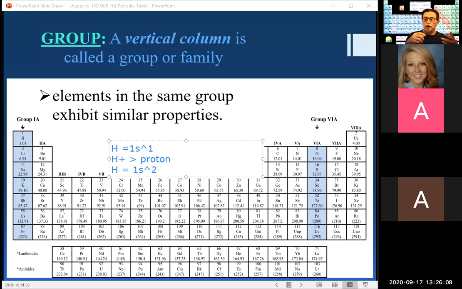It now becomes 1s2 because it picked up an electron, and now hydrogen has a negative charge. Okay, just like the fluorine, chlorine, and the bromine. We call that guy, he has his own special name. We call him a hydride. So hydrogen is very special, but the point here is not only can it gain and lose an electron, we put it in group 1 simply because it has one valence electron. But remember, it is not a metal.